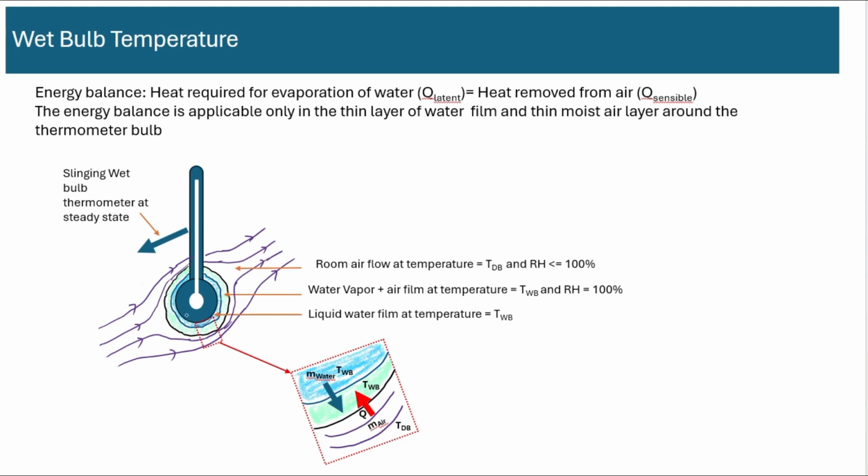Okay, so you'll have a boundary layer like this. Okay, a film of water and a film of air and moisture, and then air is moving across all those films. So in this case, if you take a cross section here, there's a water film at a low temperature, and we're talking about steady state. Okay, steady state. So there's a water film at low temperature, and that temperature is the wet bulb temperature.